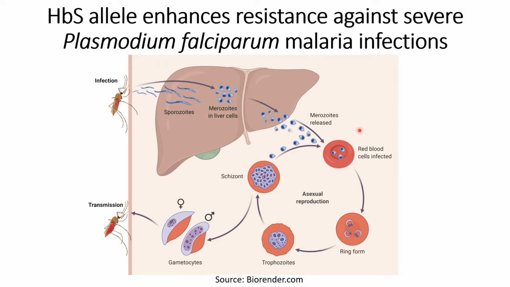But typically we have glutamic acid in the 6th position, and this change to a valine somehow affects its asexual reproduction. Because it's unfamiliar to it, it will be less likely to reproduce, thus the malaria infection will be lessened and that individual is more likely to survive and pass on their HbS alleles to their offspring, which will give them an advantage if inherited.